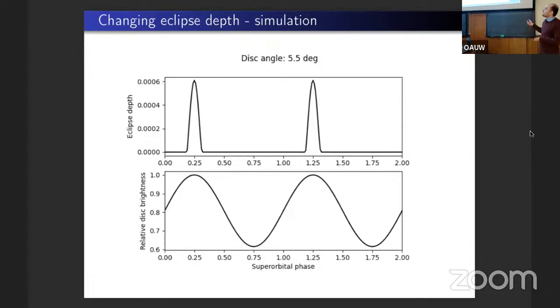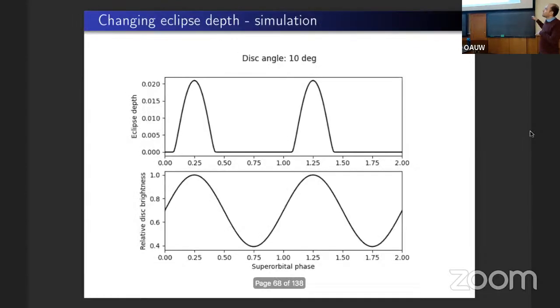As you can see, the highest depth of the eclipse is not very deep, and it is very narrow when we see this effect. But when we change the disk angle to 10 degrees, the effect lasts for much longer, and the eclipses are much deeper.